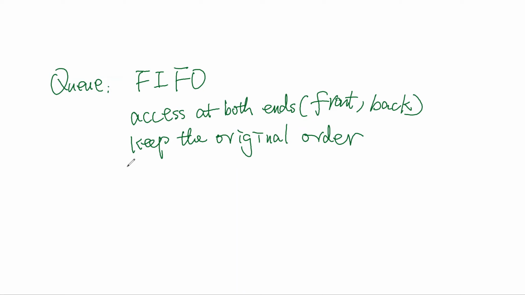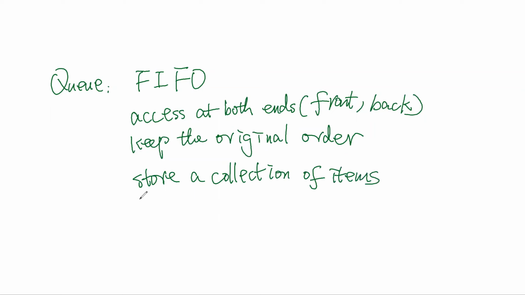It's a new data structure used to store a collection of items, and when you store this collection of items, you keep the original joining order, which is first in, first out.